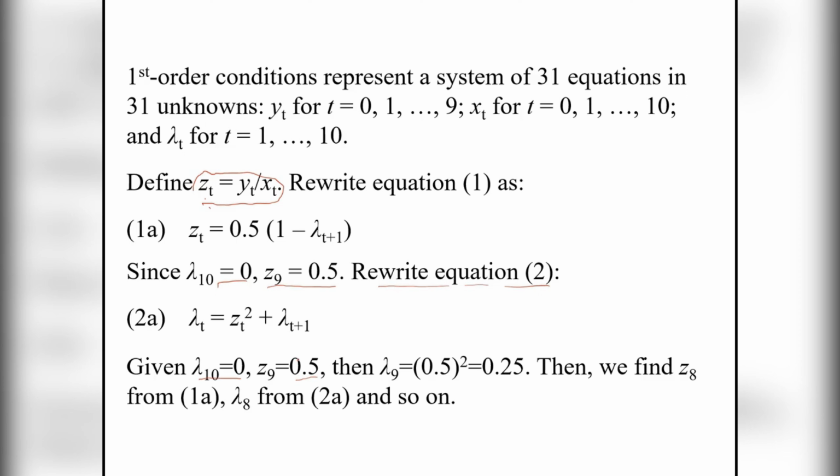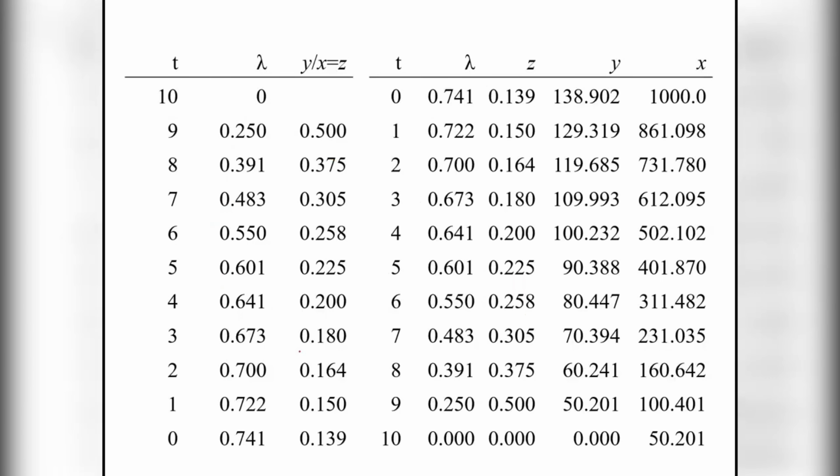Then lambda_9 is given by equation 2a, where z_9 is squared, so 0.5 squared is 0.25, and lambda_t+1 for 10 here is 0. Then we can find z_8 from equation 1a again, lambda_8 from equation 2a, and so on down.